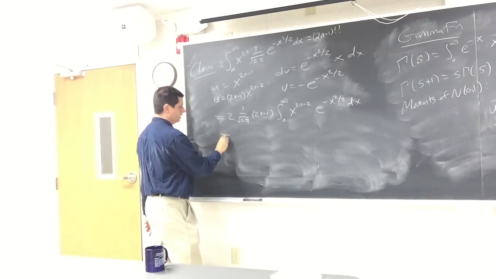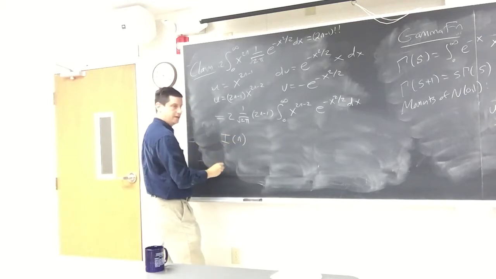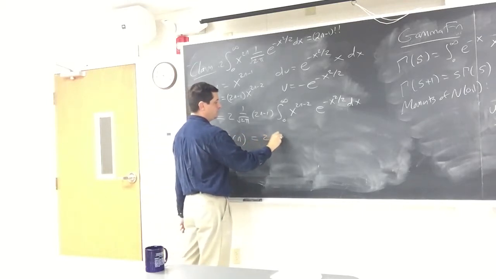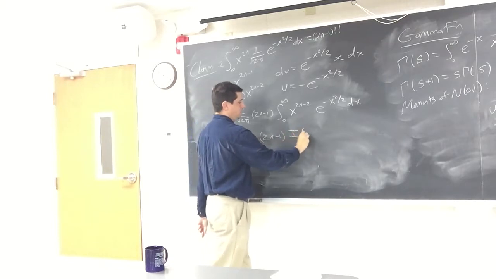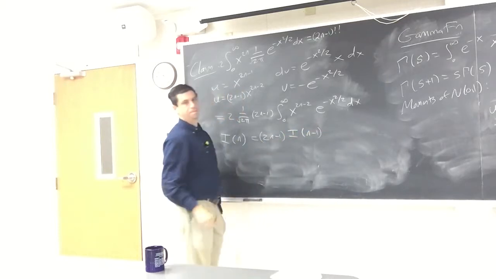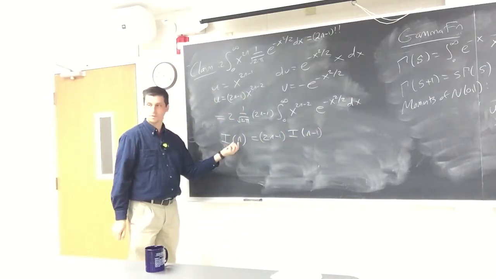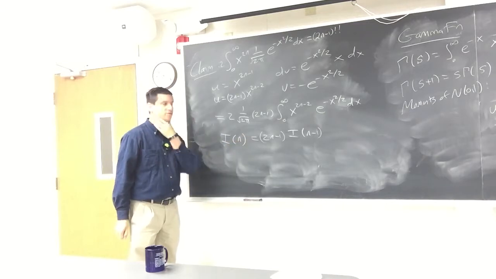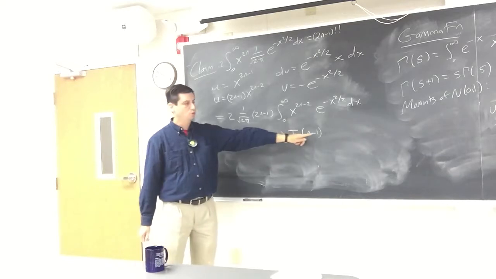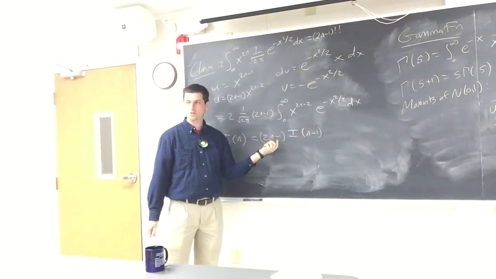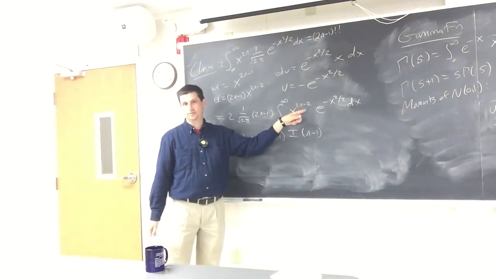And if you want, in hopefully clear notation, I_n is going to be 2n minus 1 times I_{n-1}. And we can see we have a recursion relation. So I've gone down 1 here, and I have a 2n minus 1. This went down by 2 here.